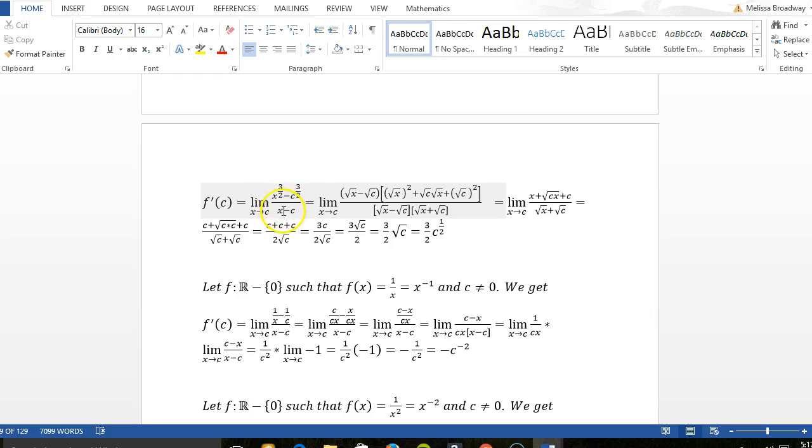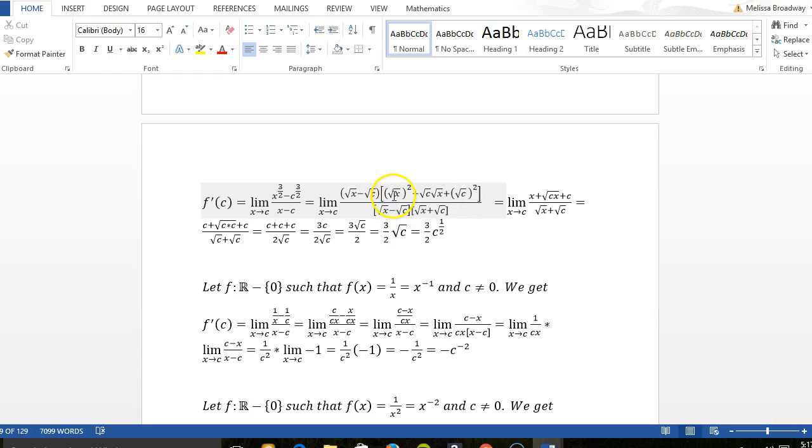But anyway, by difference of cubes, you can think of this as p cubed, think of this as q cubed. So p cubed minus q cubed is p minus q, and then p squared plus q times p plus q squared.